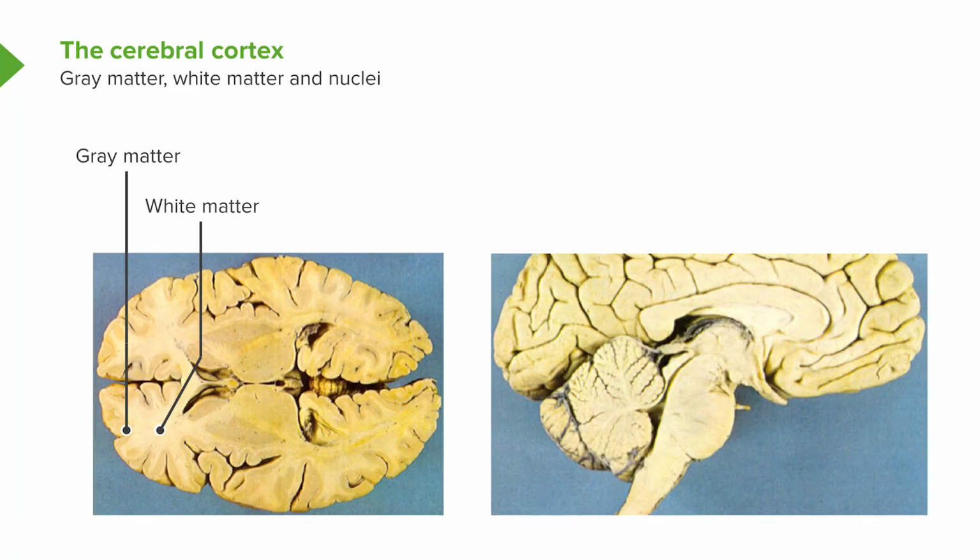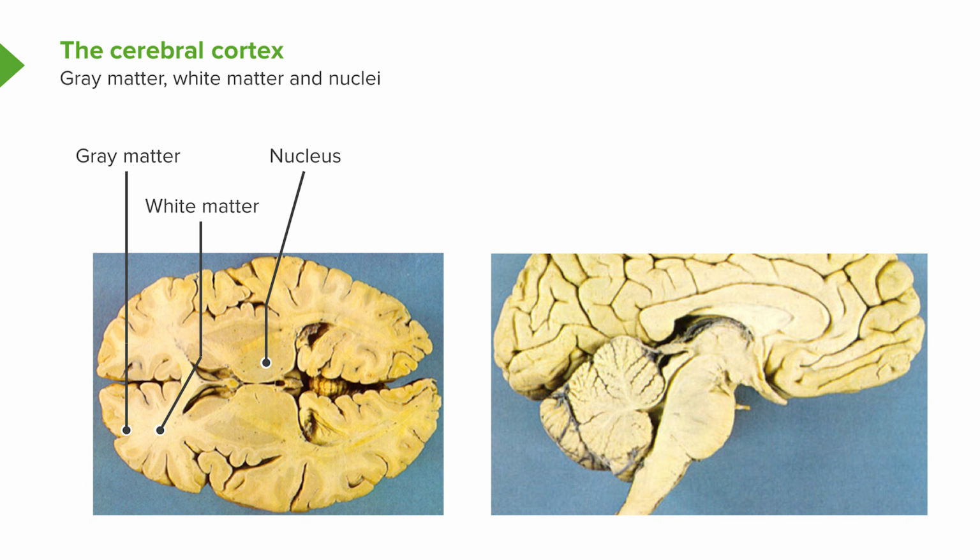Now, if you look very carefully in this horizontal section through the brain, you can see some greyish stained components embedded in the centre of the white matter. They are called nuclei. And this is a nucleus in the brain that's called the thalamus.